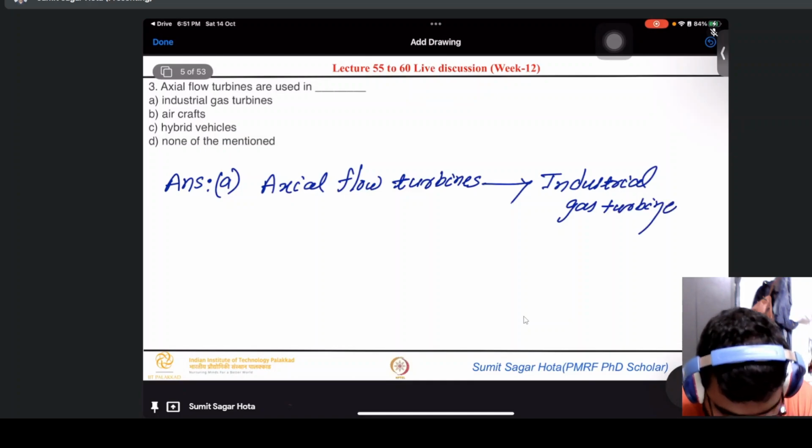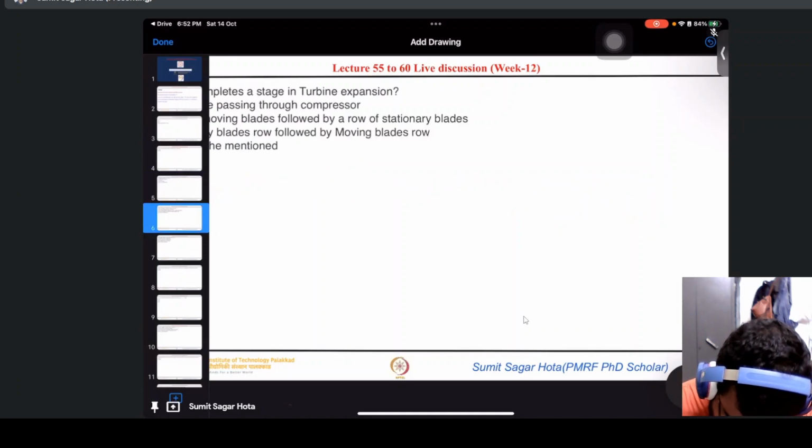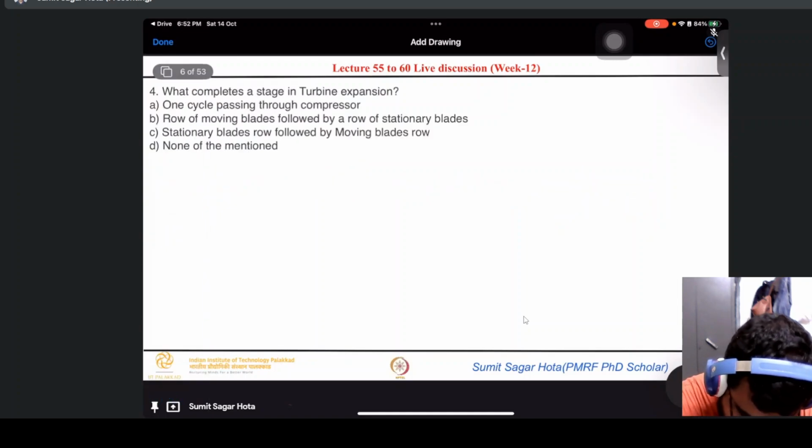What completes a stage in the turbine expansion? Stage means one stationary blade row as well as one moving blade row.